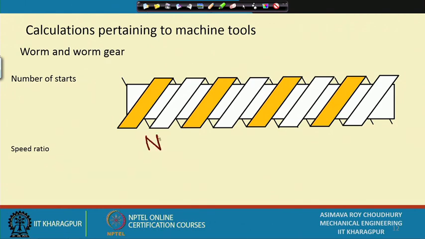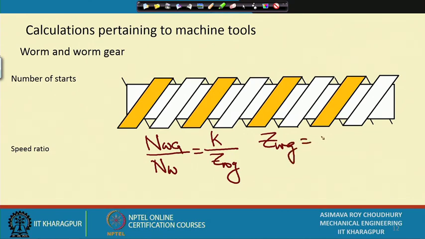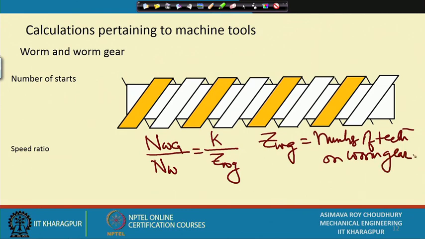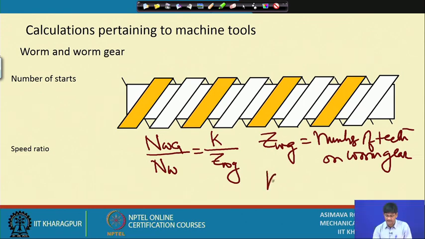N worm gear divided by N worm is equal to K by ZWG, where ZWG is equal to number of teeth on worm gear. What is the worm gear? The one which is connected to the screw, and K is already defined, number of starts of worm.